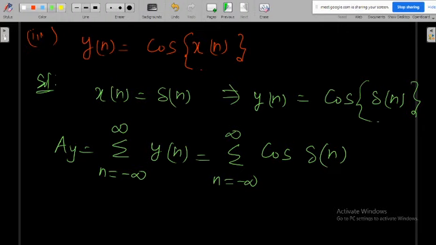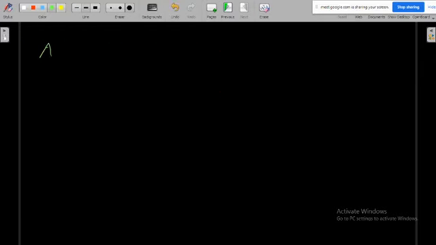Again n varies from minus infinity to plus infinity. I'll write it on the next page. So finally Ay is equal to the summation over n from minus infinity to plus infinity of cos of del n.